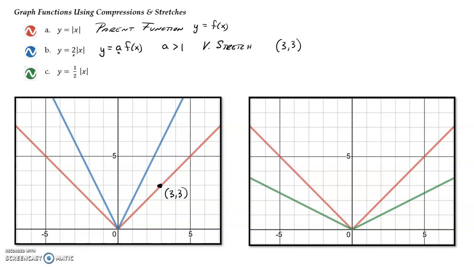And when we perform this vertical stretch by 2, we want to take a look at what happens to that point. Well, if we're stretching something vertically, we're making it taller, right? That's going to be impacting our y values.